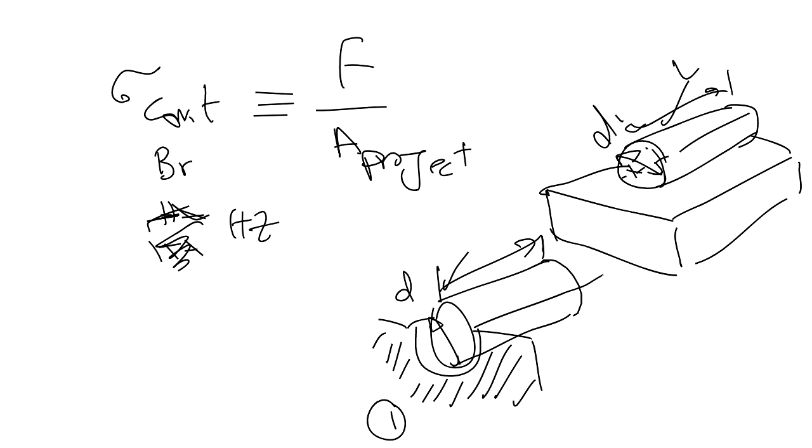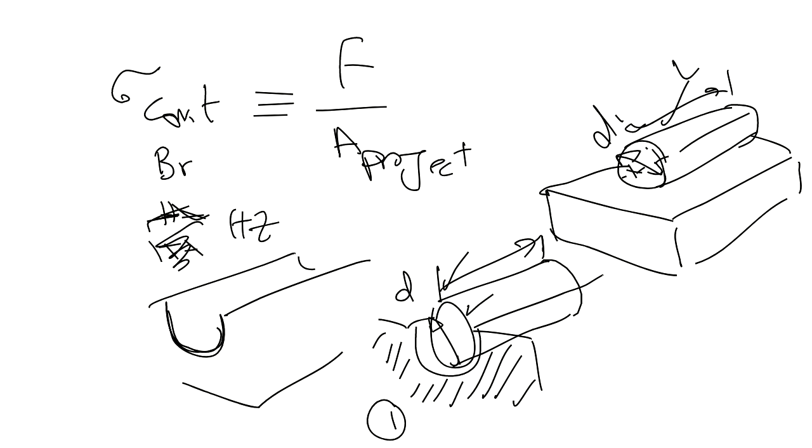You mean the half of the circumference of that cylinder times the length, if you stretch it out like this and multiply it by the length, this will be the area of contact. Is that what you mean?